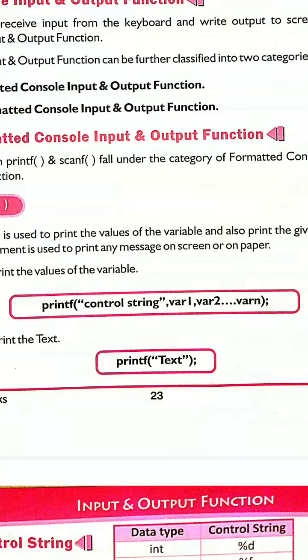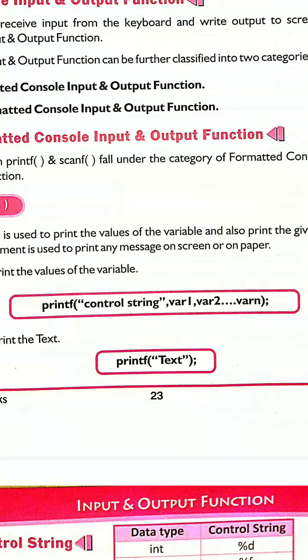Okay, so on the next page you can see the control strings for each data type. If you are using the first syntax for printf, then you have to provide the respective control string for the particular data type. If you are printing an integer value variable, then you have to use %d. If you are printing a float value variable, then it should be %f.